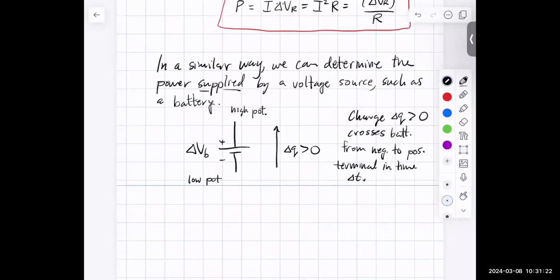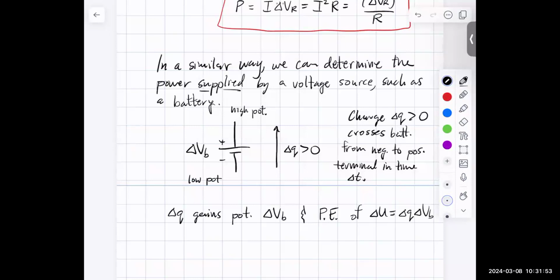Okay. So because we're going from the low to high potential side, we've gained some voltage difference of plus delta V_B. So delta Q gains potential delta V_B, and the potential energy of delta U is delta Q times delta V_B.